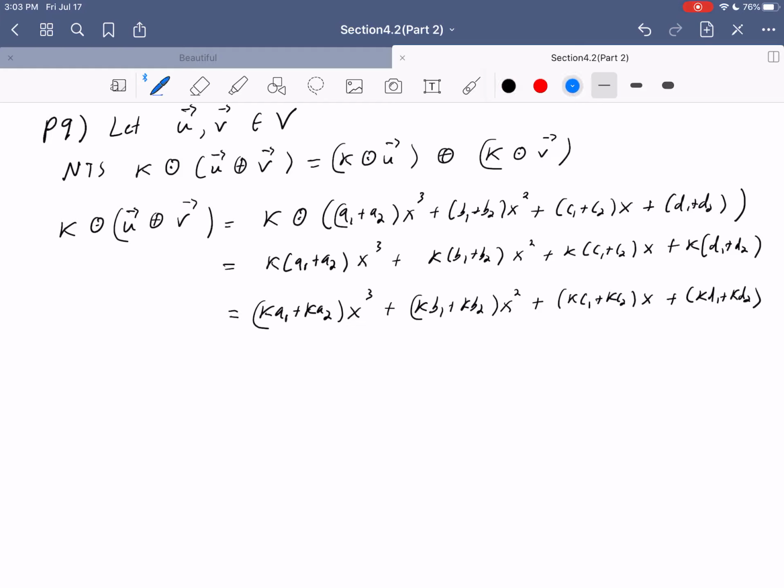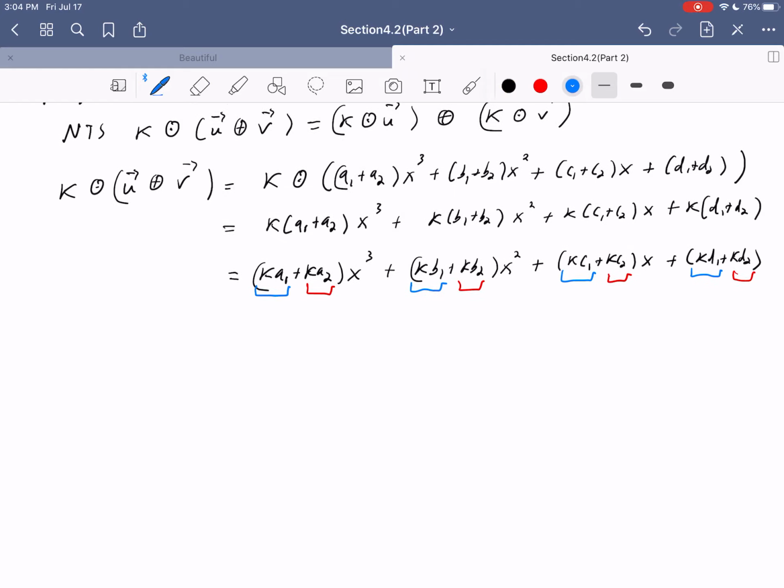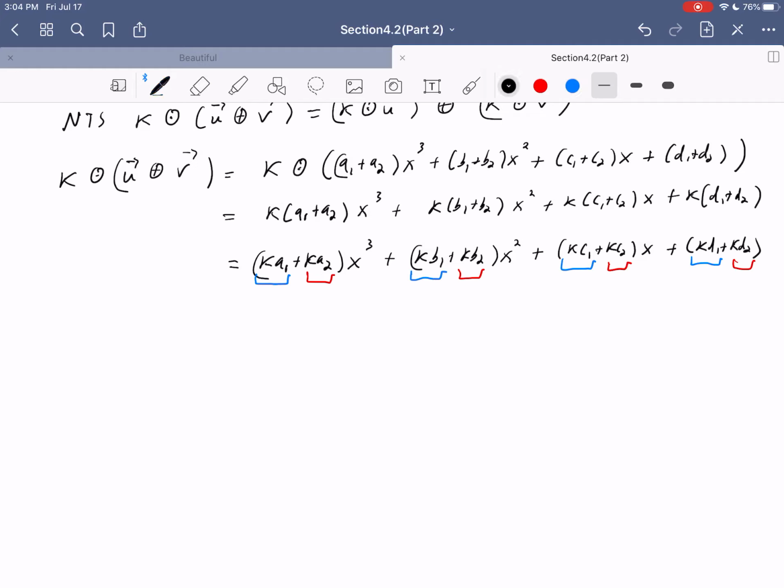Okay, now what we can imagine here is if we take this, this, and of course treat the other ones, then that should be clear that that's how we would do our vector addition, or if you prefer, how we would do polynomial addition. So this time I will actually write it out in those colors so you can see that.